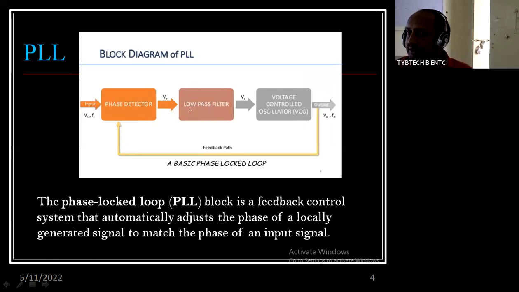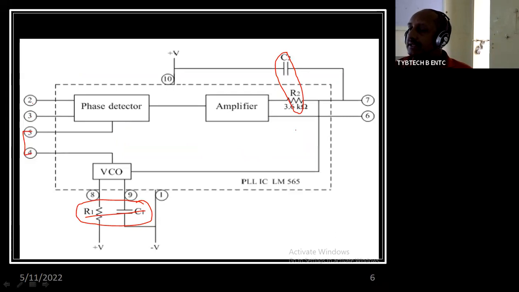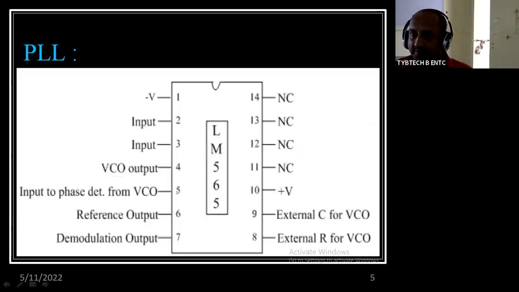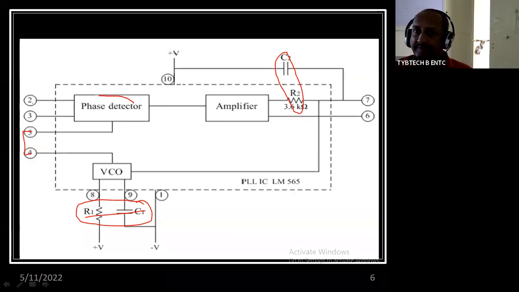Three blocks were there: one is the VCO with R1, C1, and the R2, C2 combination forms the LPF, that is the low pass filter, and the third is the phase detector.